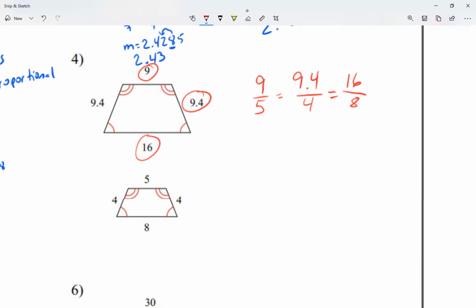A couple of things I could do. I could cross multiply, but cross multiplying only does 2 fractions at a time.